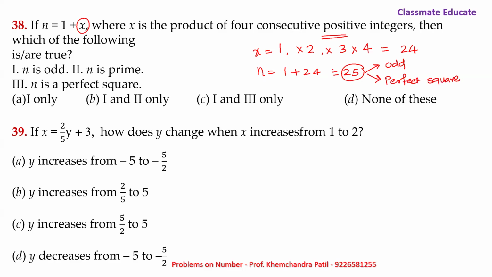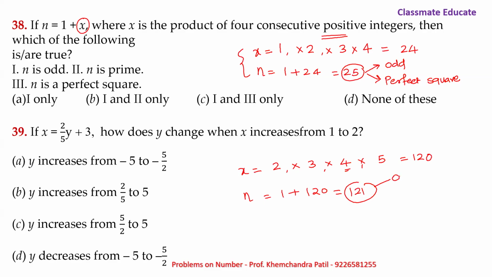Okay, now this is verified for one case. Let us take another case. Suppose I have taken four consecutive integers 2, 3, 4, 5. If I take the product of these, 2 threes are 6, 6 fours are 24, 24 fives are 120, so the value of x here becomes 120. What will be the value of n? n will be 1 plus 120, which is equal to 121.